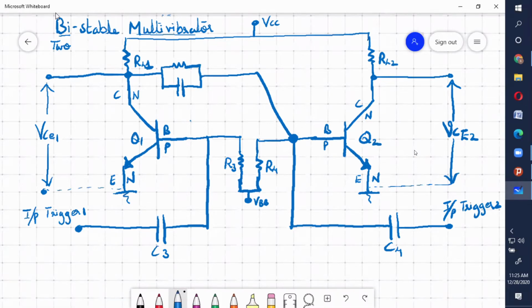Similarly, here also it is connected in a similar fashion. Students, have you finished copying that?